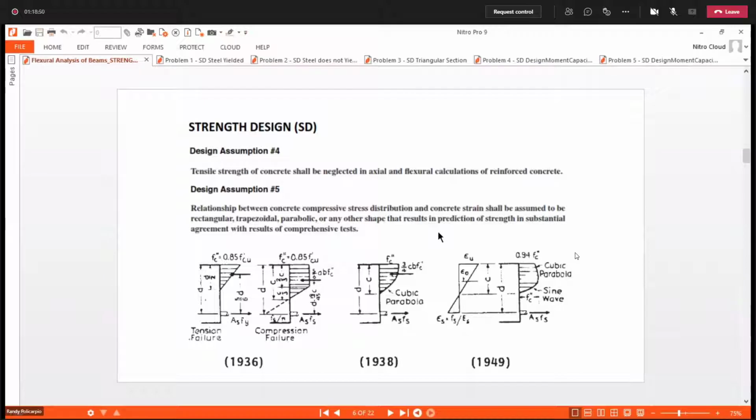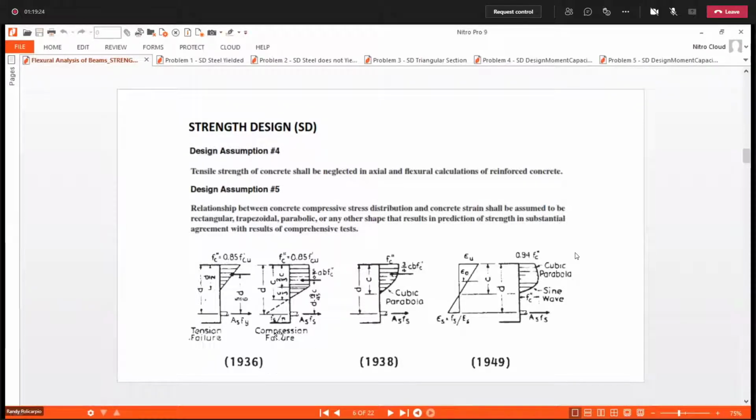Sabi niya dito yung result nung magiging compressive stress diagram mo must be in substantial agreement with the result of comprehensive test. So dapat yun ang masatisfy mo, no? So ito yung mga different recommended na diagram, no? Compressive diagram ng concrete, okay?